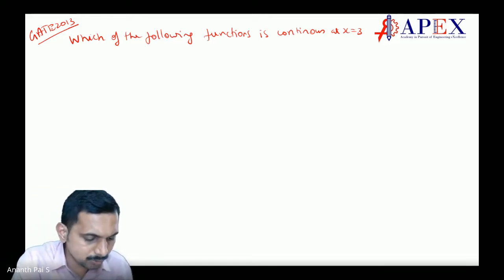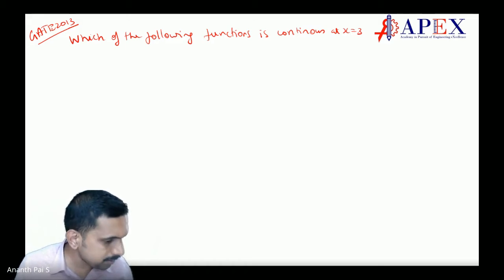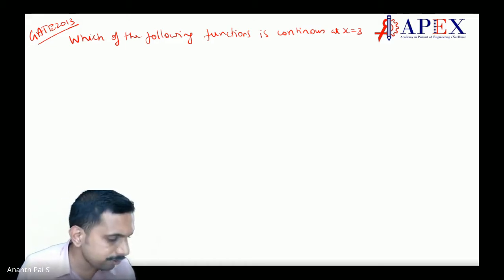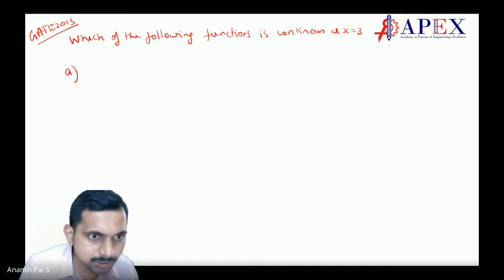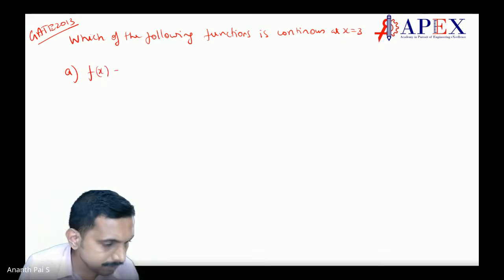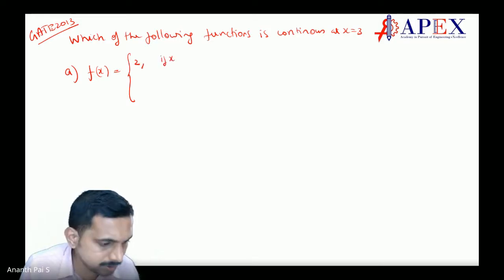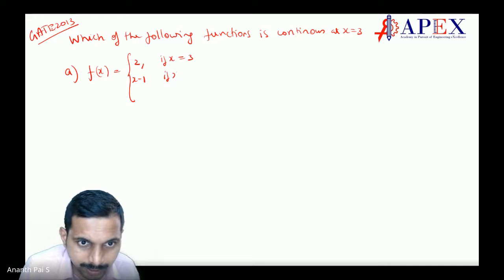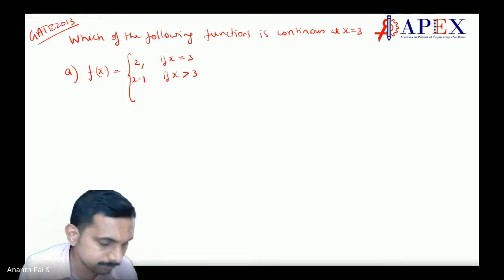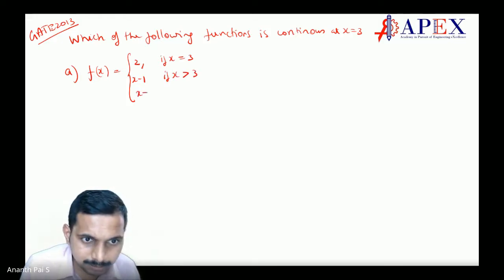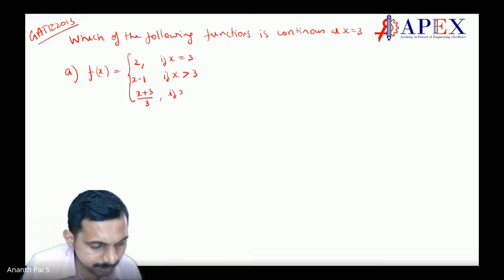Let us check it out. Function A: f of x is equal to 2 if x is equal to 3, x minus 1 if x greater than 3, (x plus 3) divided by 3 if x is less than 3.